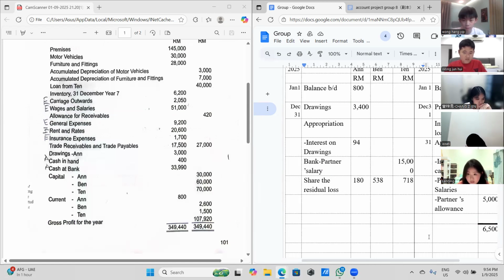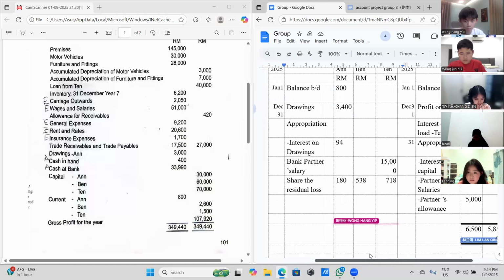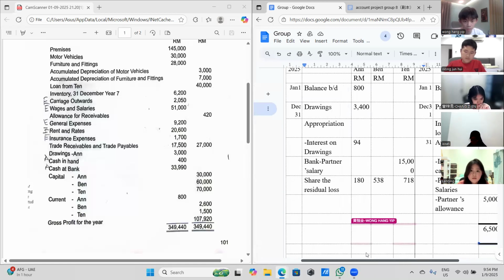Yes, 25. And we need to carry to here. So the amount we copy to here.